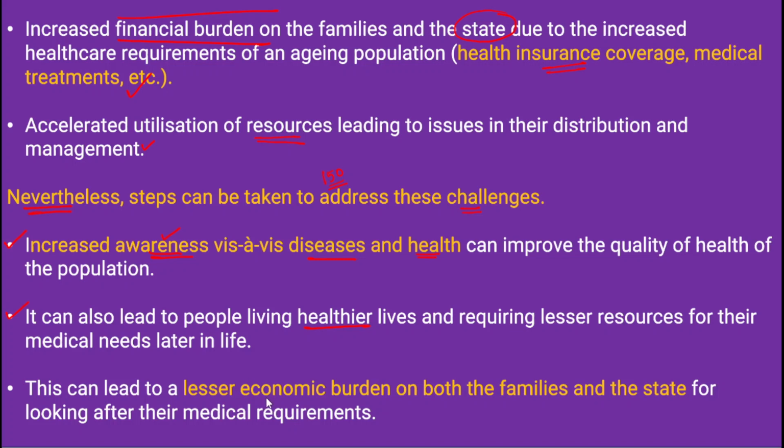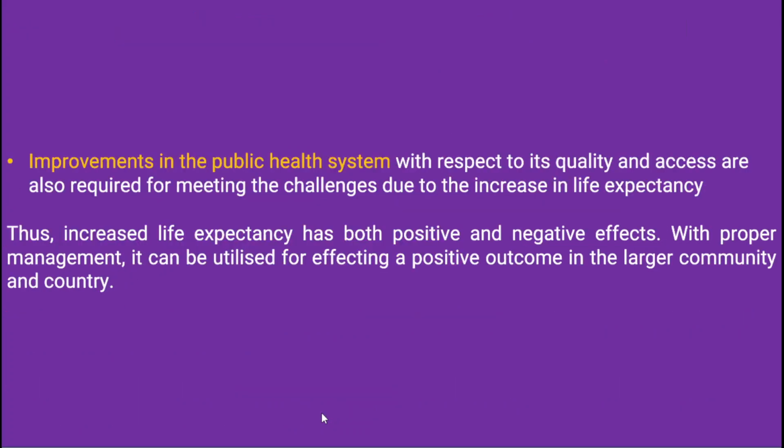So this can overall lead to less economic burden on both families and the state. Okay, so there's no need for spending on the medical requirements. There's no need to look after the old age populations. So therefore these measures have to be taken: awareness, healthy lifestyles, and taking care of non-communicable diseases, and proper medication. So everything has to be taken care of.